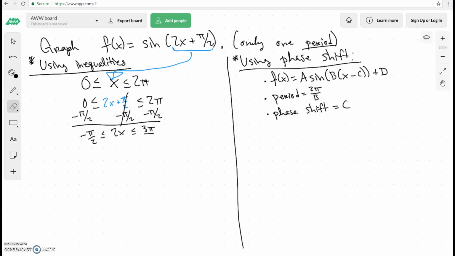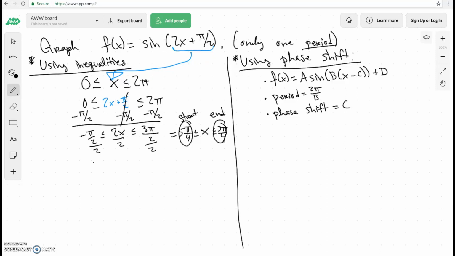That's wrong, 3 pi over 2. Okay, this is going to be 3 pi over 2. Then I'm going to divide by 2 on all three sides. What I'm going to get is that x is between negative pi over 4 and 3 pi over 4. So this is where my period is going to start, and here is where it's going to end.